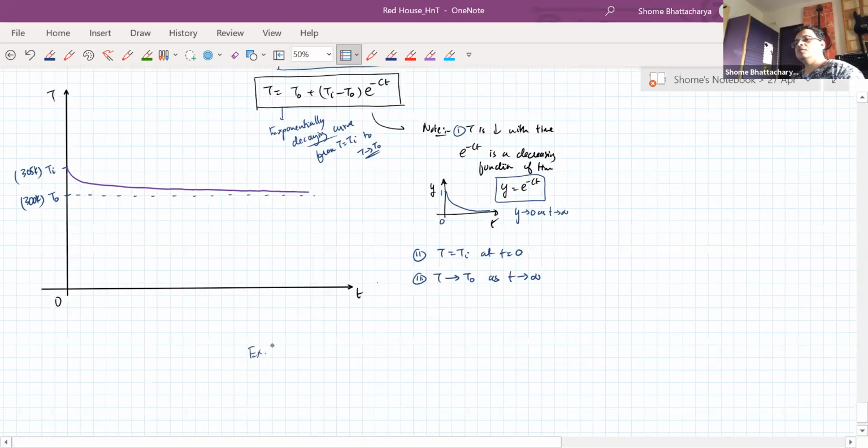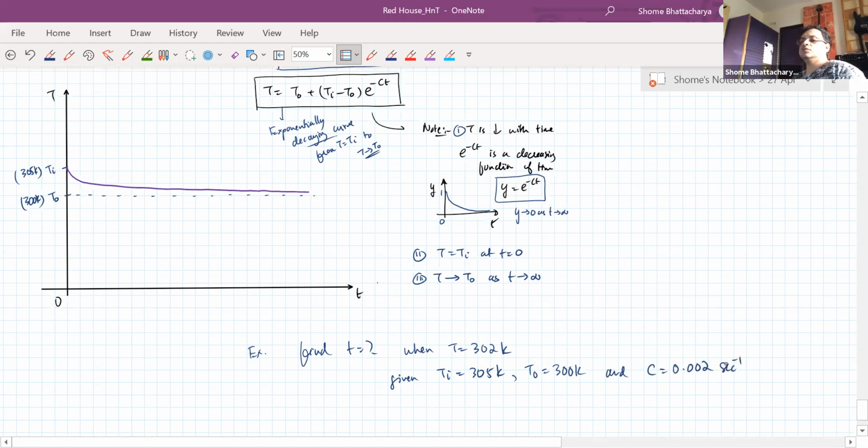So for example, we want to find t when the temperature becomes 302 Kelvin, given that the initial temperature was 305 Kelvin, the surrounding temperature was 300 Kelvin, and the constant was 0.002 second inverse.